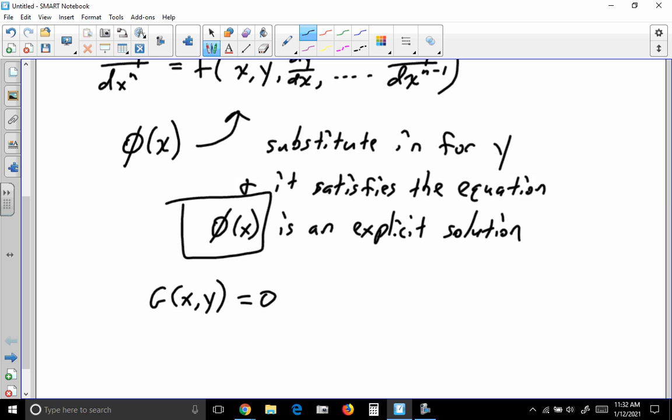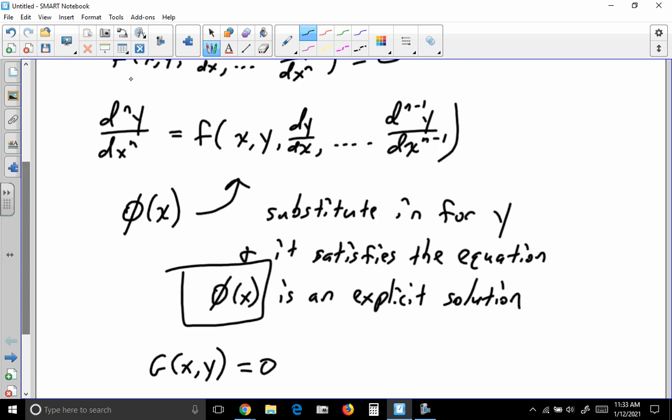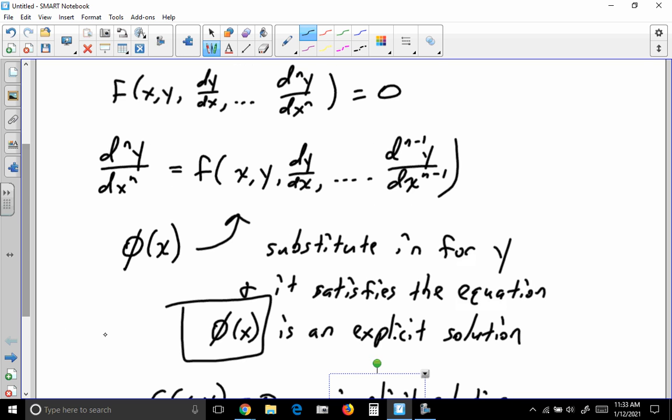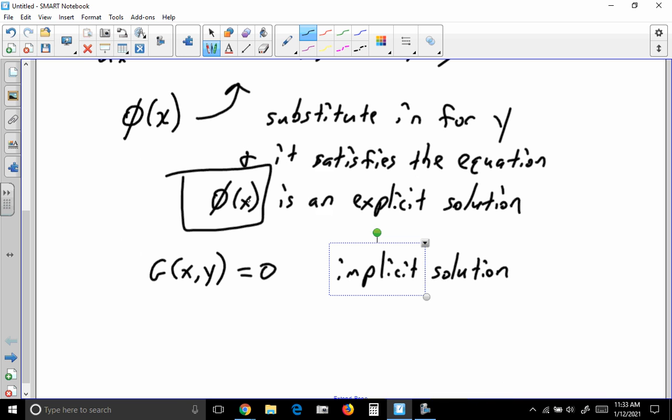So if we have a relation of this format, such that when we substitute this into our differential equations, it satisfies our differential equation, then this is referred to as an implicit solution. Again, this one is solved explicitly, while this one has our dependent variables mixed together.